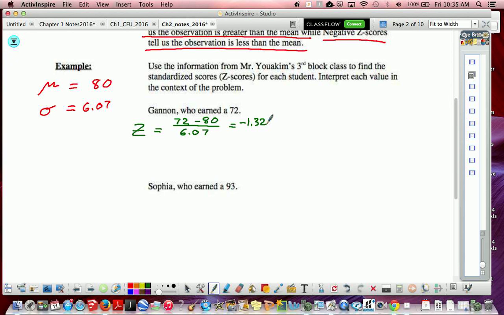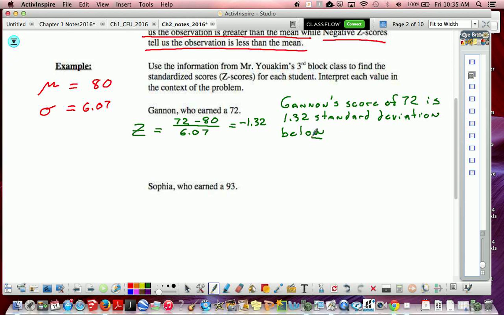So, what does that mean? What does negative 1.32 represent? Well, we would say Gannon's score of 72 is 1.32 standard deviations below, that's the key, since it's negative, it's below the mean of 80.